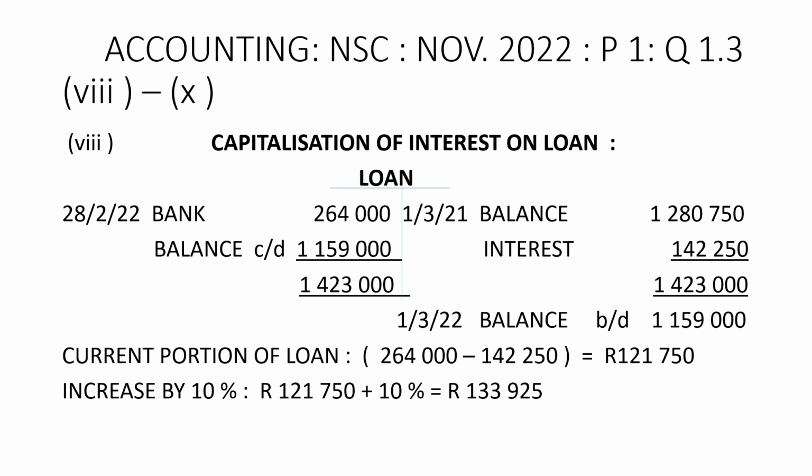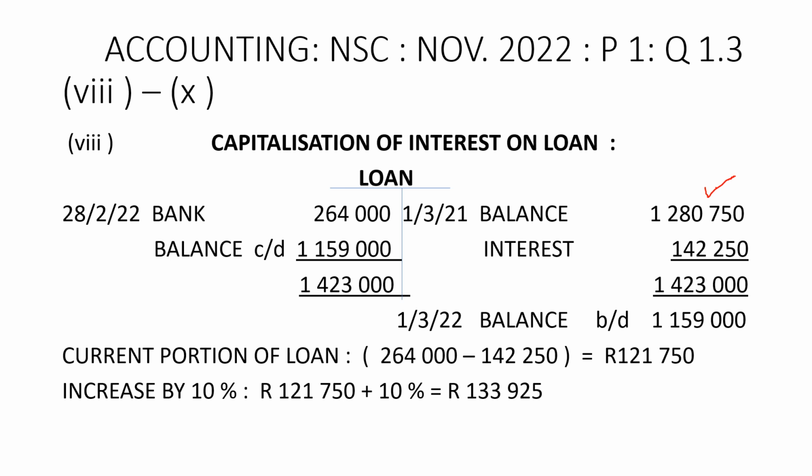Now, the best way to explain capitalization of interest on loan is to look at the ledger account. Right, remember, loan is a liability account, and in a liability account, you show the balance on the credit side. Okay, so opening balance carried down 1,280,750.